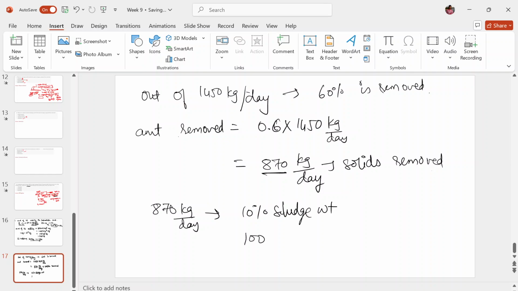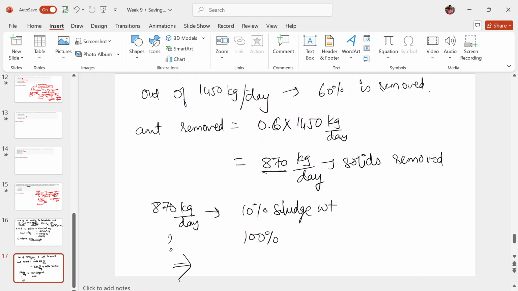If you want to find 100% sludge weight, just multiply by 10. If you cross multiply, it will be 870 into 10, which is 8700 kg per day. That is the sludge removed per day, right?